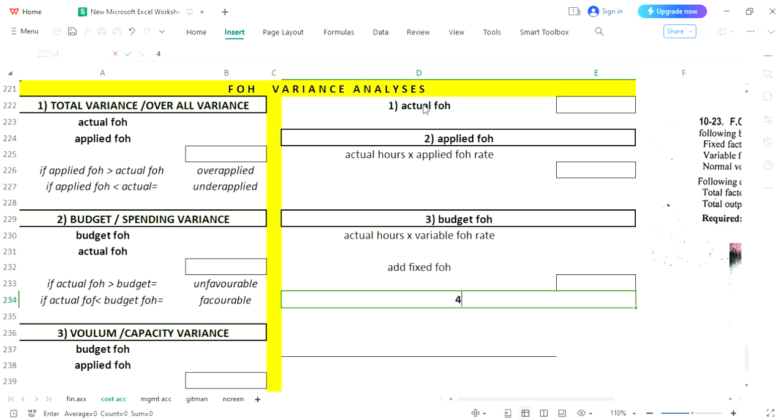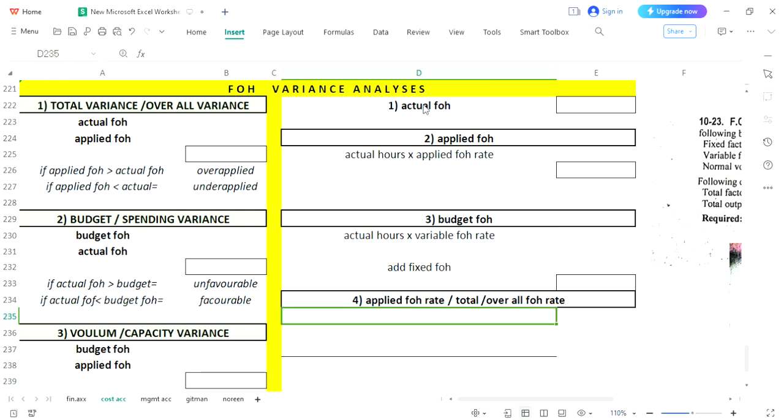Fourth requirement is to calculate applied FH rate. Applied FH rate, also called the total or overall FH rate, you are going to calculate. It has two parts.